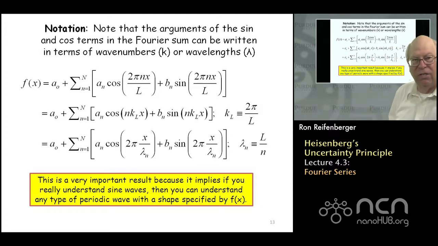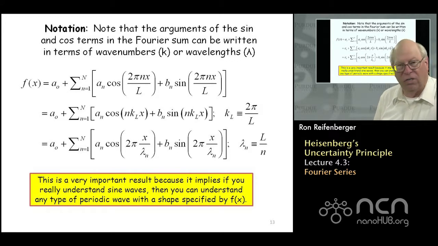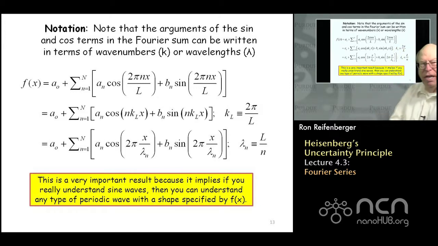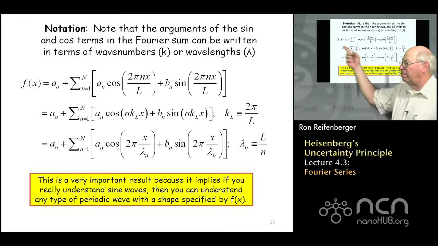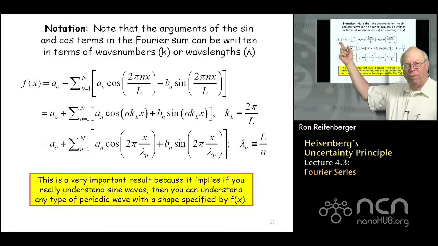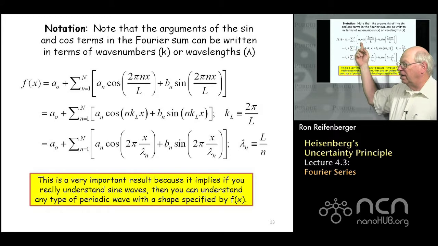The other thing I like to mention is that this is an extremely important result for any sort of physics or engineering applications, because what it implies is that if you really understand the properties of a sine wave or a cosine wave, then you can understand the properties of a repeating wave of any shape given by f of x, simply by realizing that this function f of x is just a sum of sines and cosines.